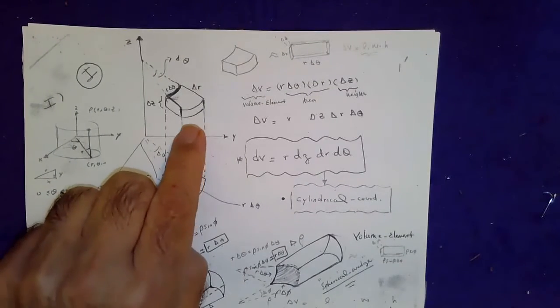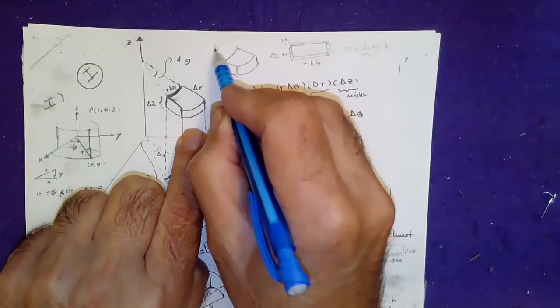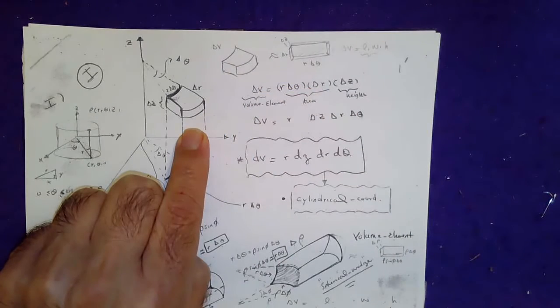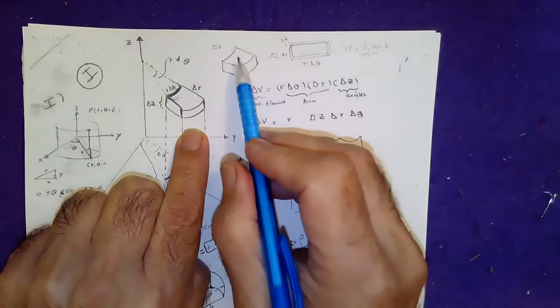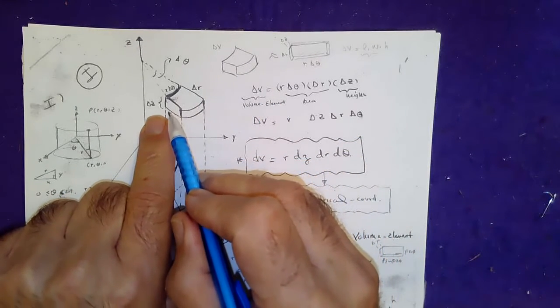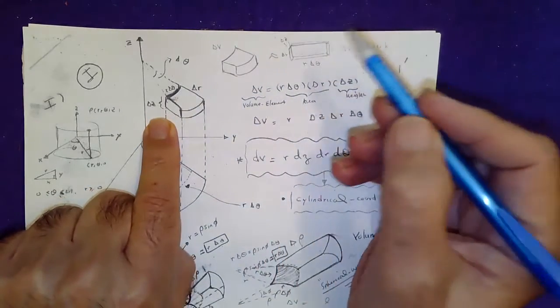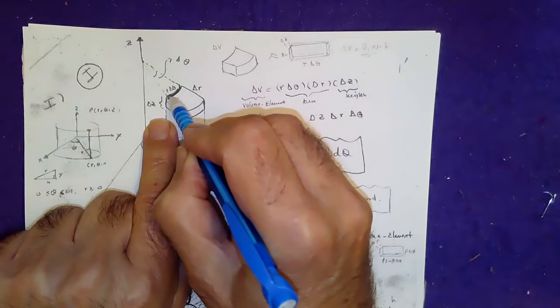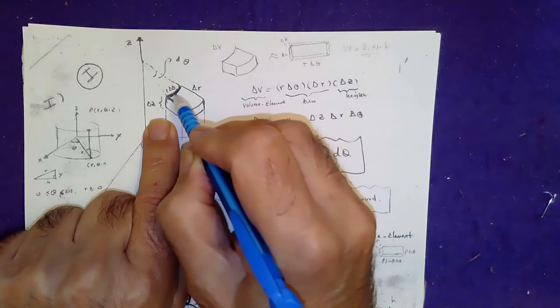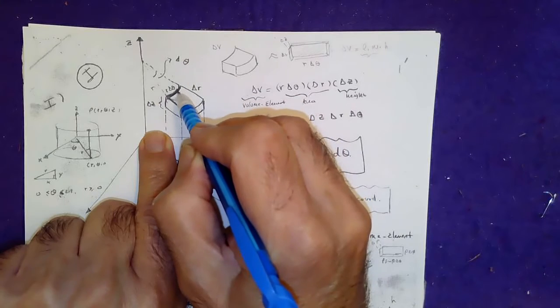Well, it turns out if you take a piece of a cylinder, this is how a typical delta V, the volume element, is going to look. Notice the length of this side is delta r. The height is delta z, but this side right here is the arc length, which is r times delta theta.